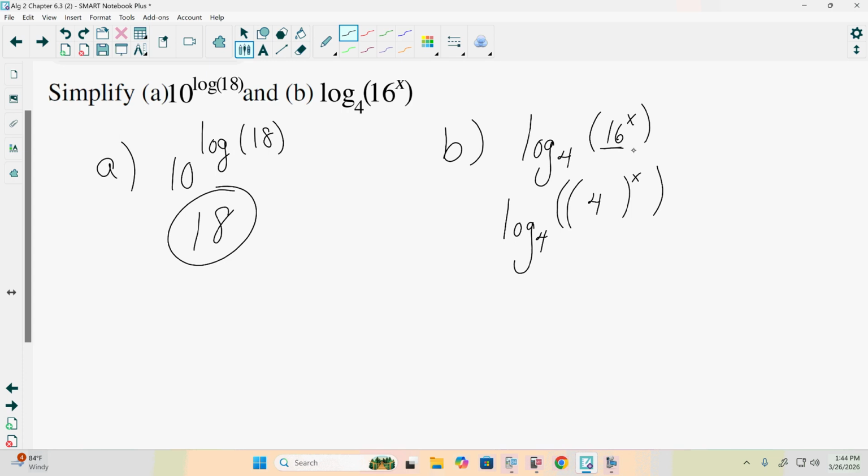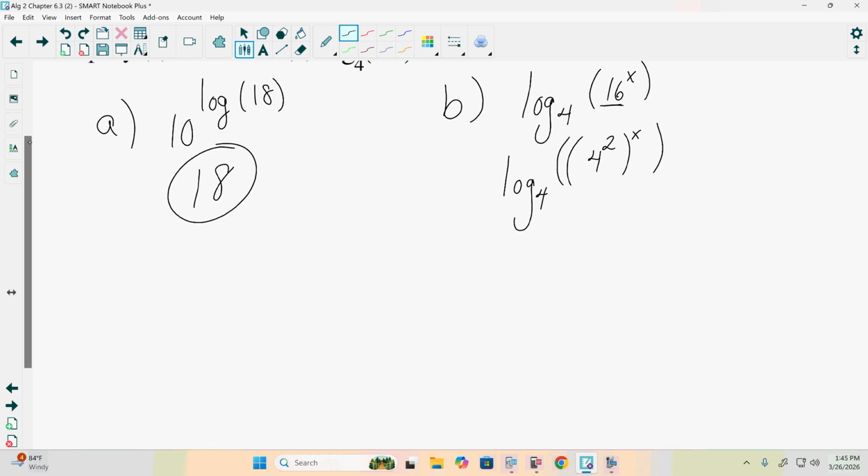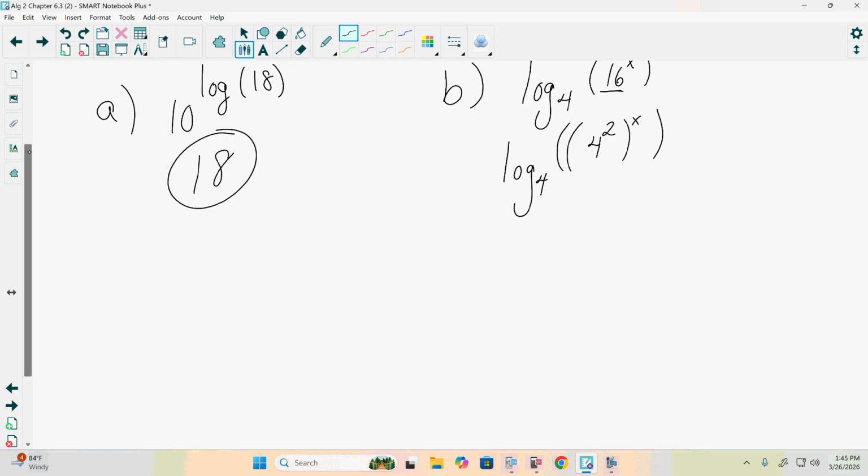So what we need to do to get it to reduce is rewrite 16 as 4 to a power. And 4 to what power is 16? So really all we're doing here is rewriting it so that the base, the base of the log, and what's inside are the same.